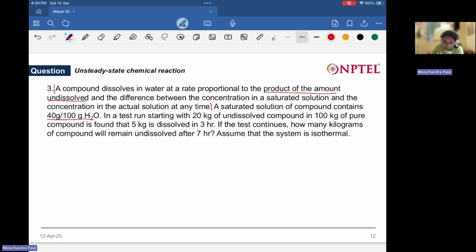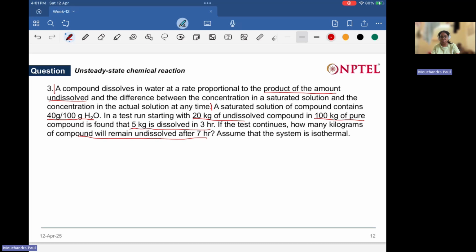When a test run that started with 20 kg of undissolved compound in 100 kg of pure water, it is found that 5 kg is dissolved in 3 hours. If the test continues, then how many kilograms of the compound will remain undissolved after 7 hours? Assume that the system is isothermal.